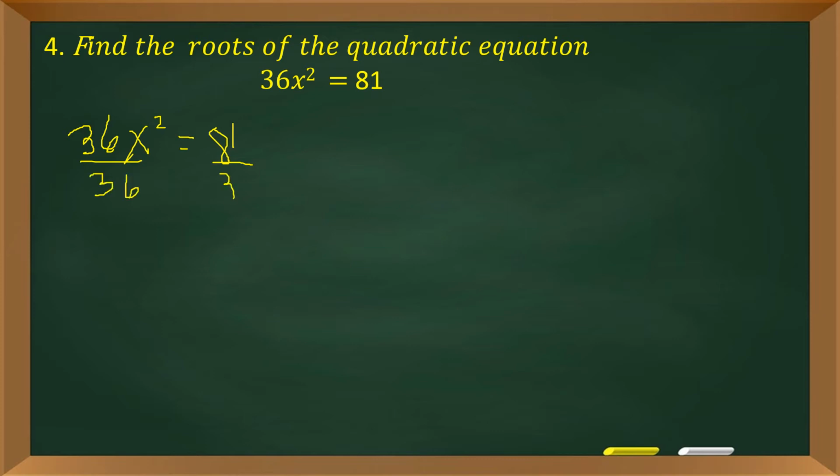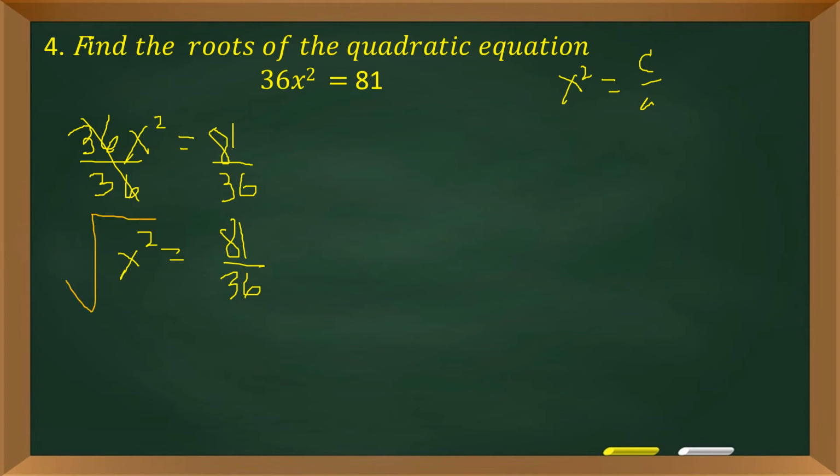So, we have to divide all sides by 36. Cancel. So, x squared now is equal to 81 over 36. So, na-form na natin siya sa basic form na x squared is equal to c over a. And that's the time na pwede na natin siyang square root.